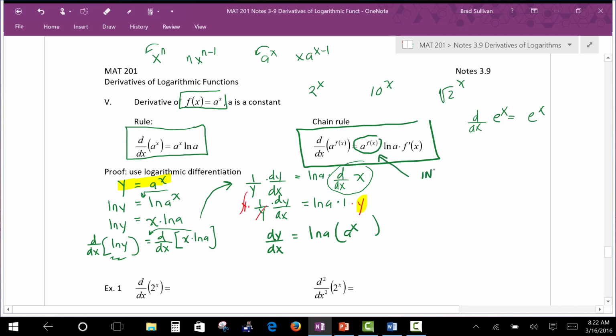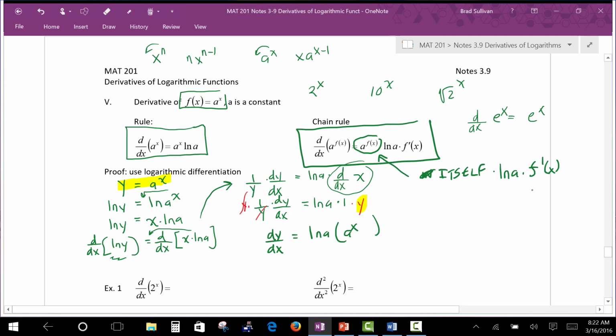Okay, just like it is on e to the x. Then you still put the ln of a. Then you got to do the derivative of that exponent. A lot of times when you learn these chain rules, it's good to learn it kind of in words. Really, it's the same. It's itself times ln of a. The new thing is you multiply by the derivative of that function. That's what you always do in the chain rule. So that's kind of how that goes.